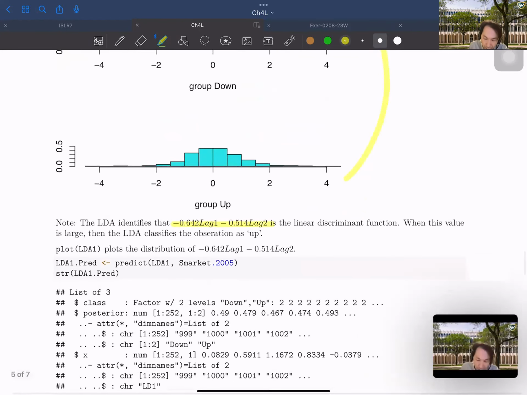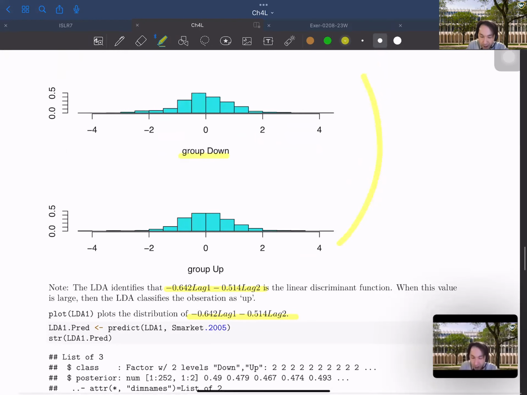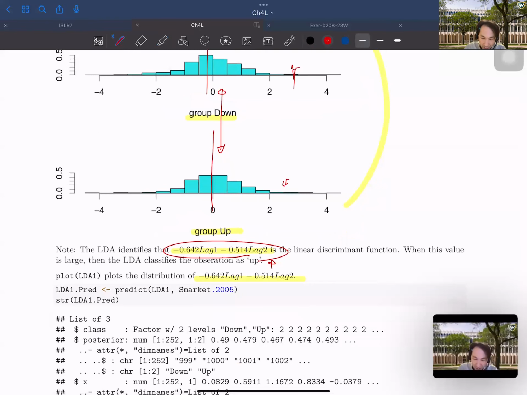Oh, this is the distribution of this linear indicator. This is the best linear combination of lag1 and lag2 to distinguish this group and this group. You can see slightly that they have different distributions. This indicator is slightly smaller for the days that the stock market goes down, and almost zero if the stock market goes up. Still, it's very hard to distinguish, but this indicator is the best to distinguish these two distributions.